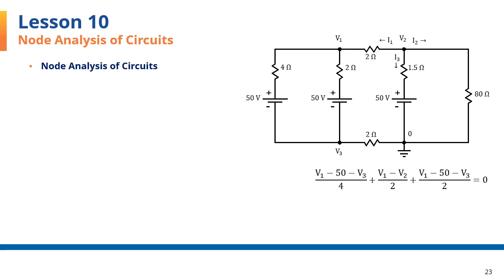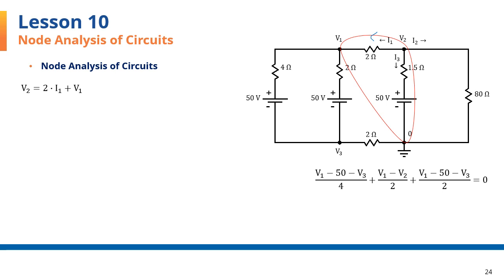Now we move to V2 and assign the three currents in any order we like. Again, we go through the loop 3 times. The first time we jump from node 0 to node 2 and move in the direction of I1 and write the equation similar to how we did it for node 1.